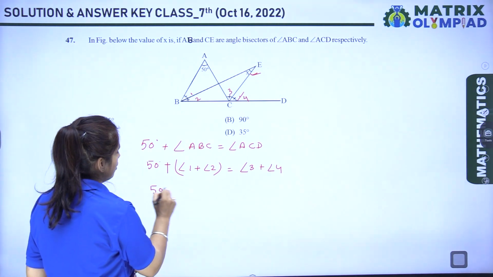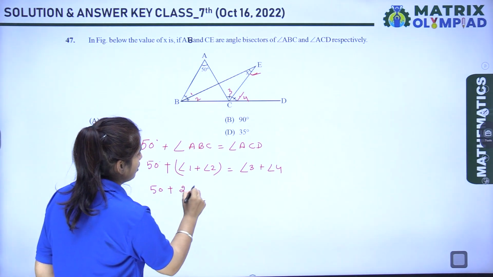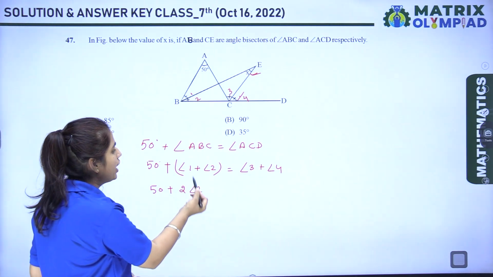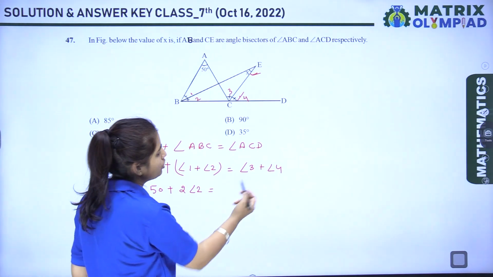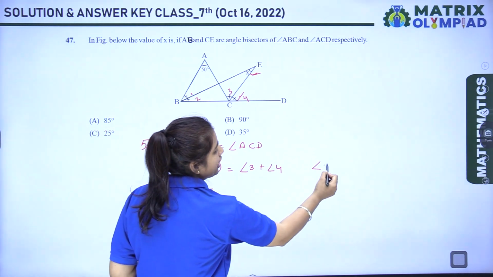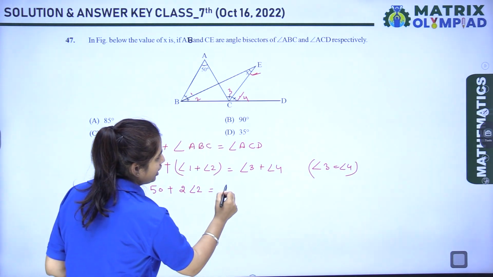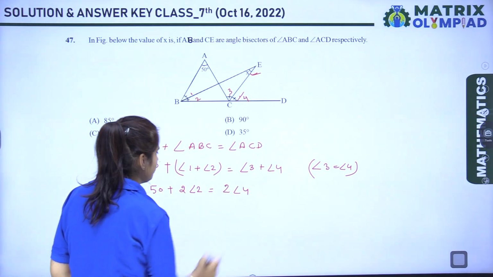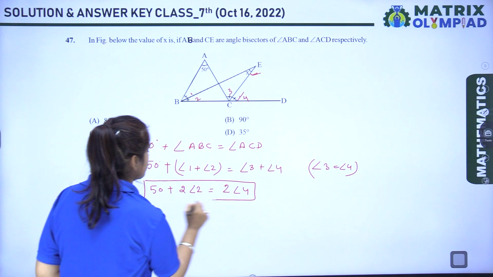Here, these both angles are equal. So we can say that in place of angle 1, we can place angle 2, and angle 2 plus angle 2 is 2 angle 2. That is equal to, the same thing we will do here also. Angle 3 is replaced by angle 4. So in place of angle 3, we are writing angle 4. Now angle 4 plus angle 4 is 2 angle 4. This is the first one.